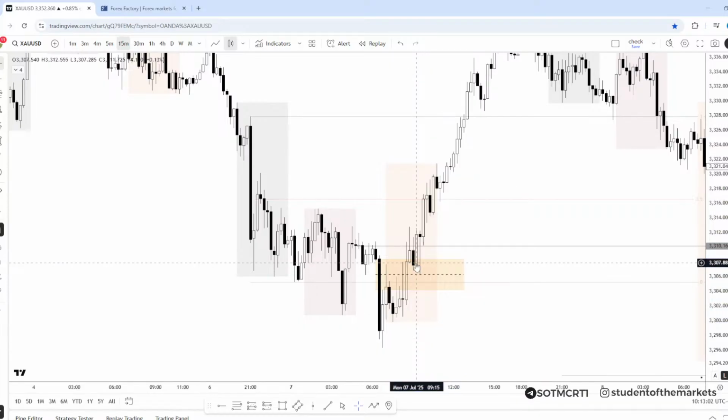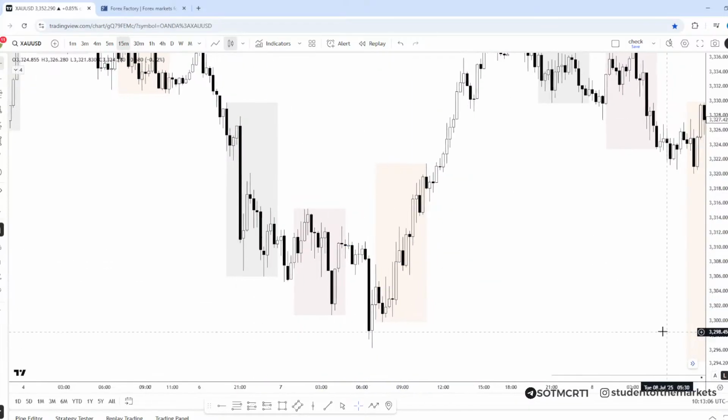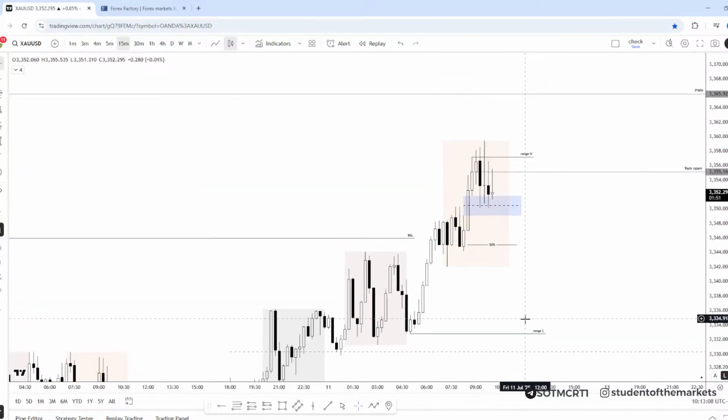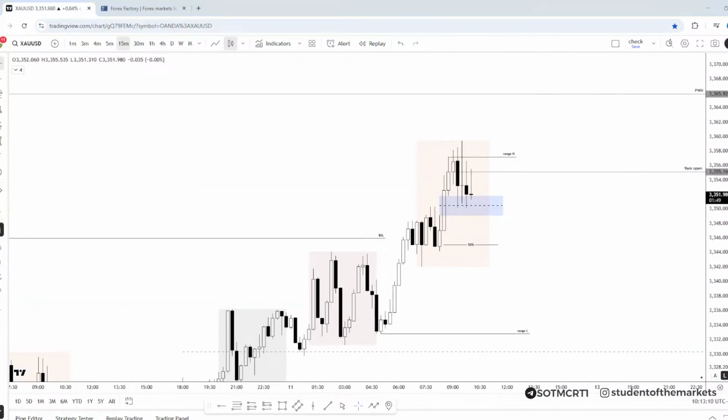This is what I mean, because whenever you buy below or above the candle open, you're entering at the wick of the candle.